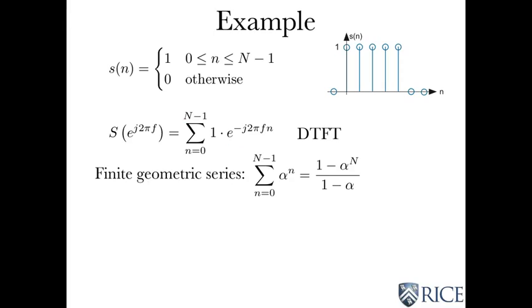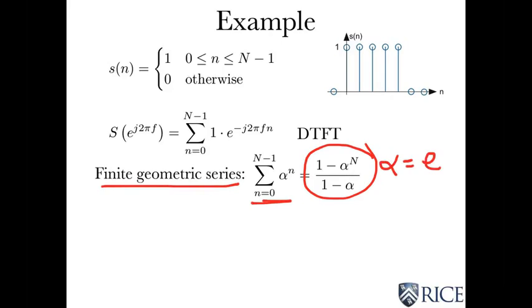This turns out just to be a special case of the finite geometric series. It's really easy to see, and I don't know if you know, but this is the closed form expression for the geometric series, and what we have here is alpha is e to the minus j 2 pi f. So all we need to do to find the DTFT is plug it in.